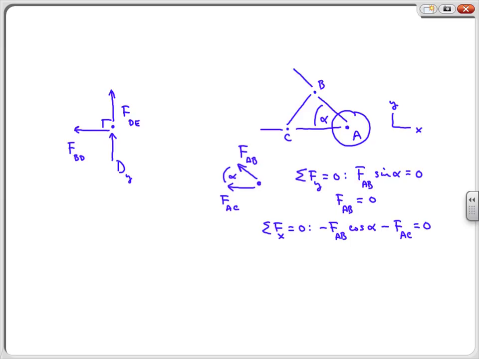But since we've already established from y equilibrium that FAB is 0, FAC is also 0. So again, here's a situation where we have two non-collinear members coming together with no external load, and equilibrium tells us immediately that both of those members are zero force members. Suppose now we have a configuration that looks something like this.